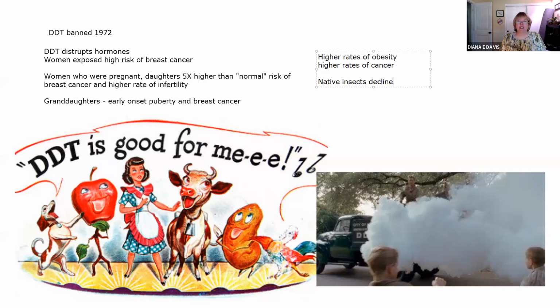Insects are on decline worldwide. This is potentially a huge problem. Even though we don't think we need insects, we do. We need them for our own survival. And we need them if we want to have birds. And birds are on decline worldwide. We're getting rid of the insects that they need to feed their offspring.